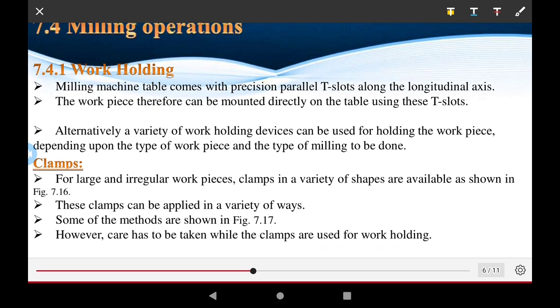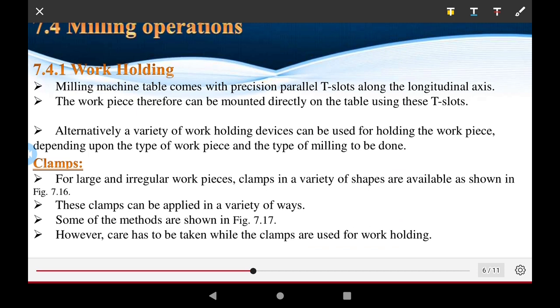Work holding depends upon the size and type of the workpiece and the type of milling to be done.